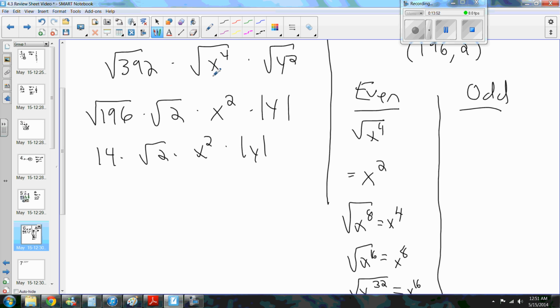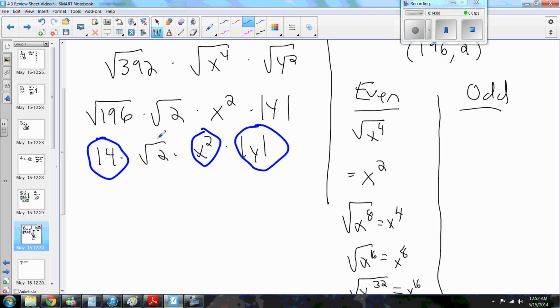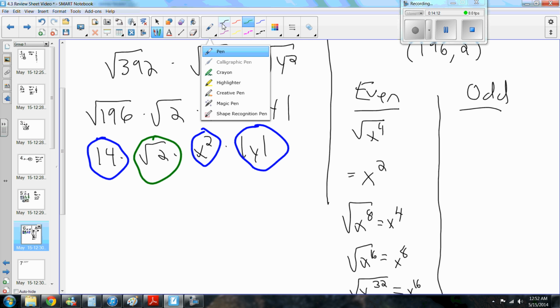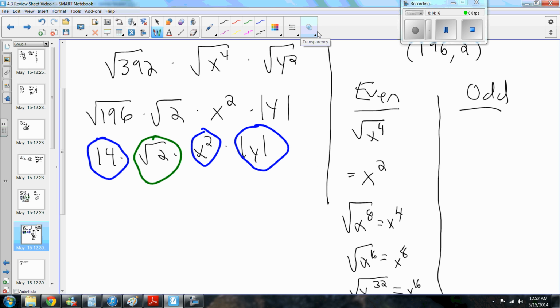We are now identifying which of these products, there's 4 of them here, and I'll circle in blue the ones in the coefficient that are not underneath the radical anymore: 14, x squared, absolute value y. And I'm going to circle in green the ones that are underneath the radical: the square root of 2. I multiply my blue ones first and make that the coefficient to the radical.